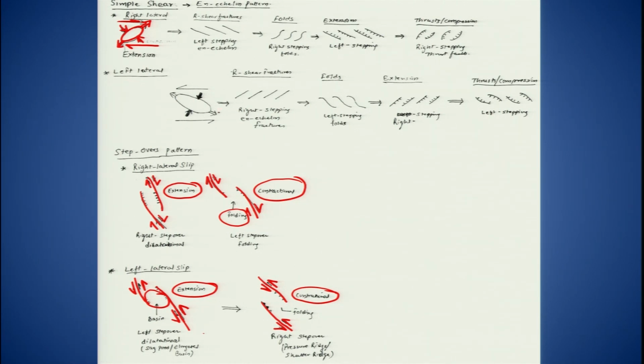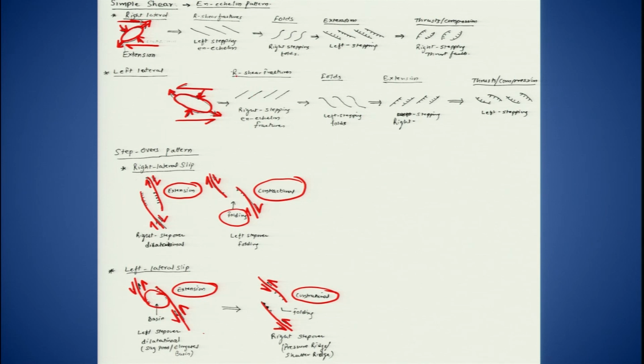So in case of your left lateral, again we'll have the ellipse here, so you will have extension in this direction and contraction in this direction, and exactly opposite you will be able to see.